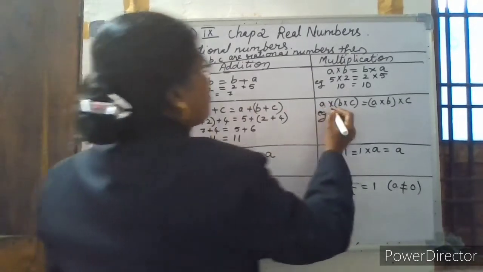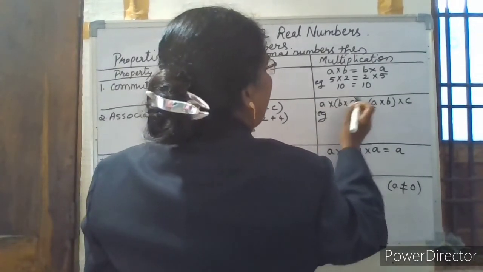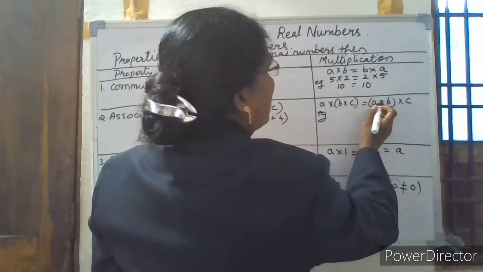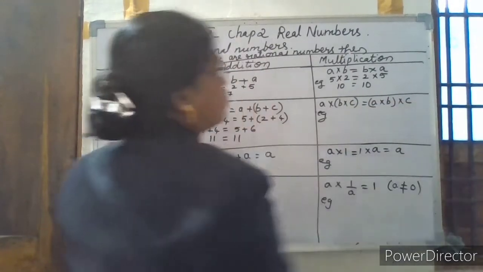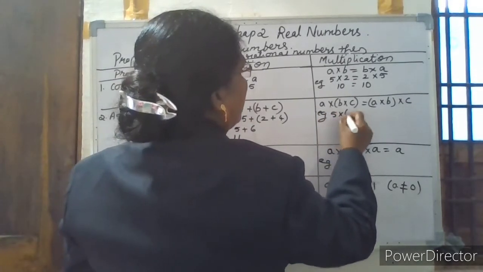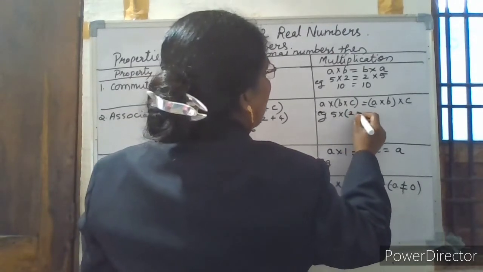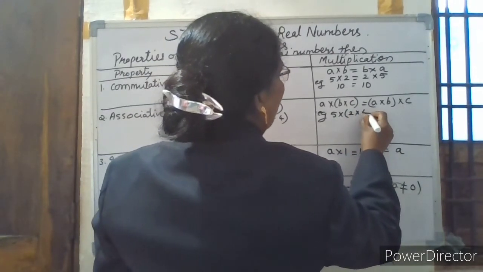So A into, in the bracket, B into C is equal to, in the bracket, A into B, into C. A value is 5: 5 into, in the bracket, value of B as 2 into value of C as 4.